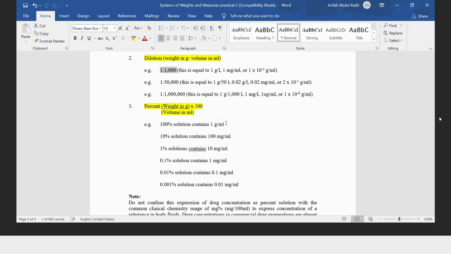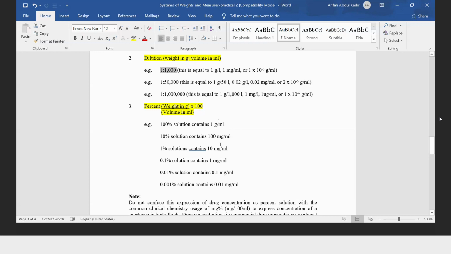So when you go to 10 milligram per ml, 1%, the same thing. It is 0.01 gram, which is equivalent to 10 milligram per ml.